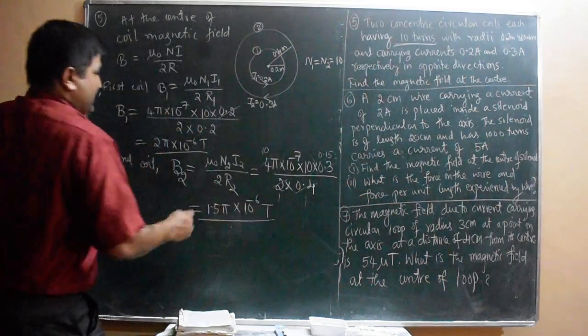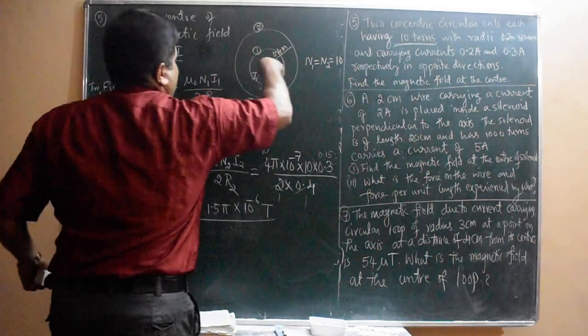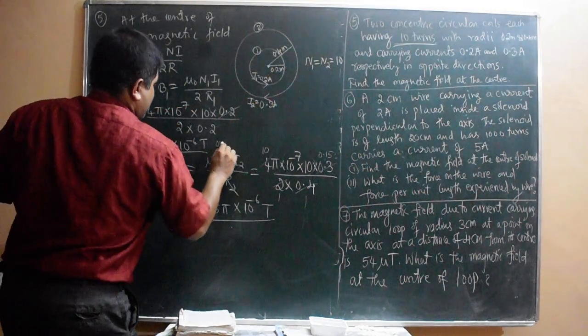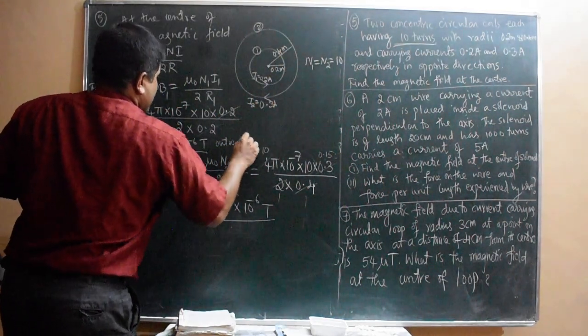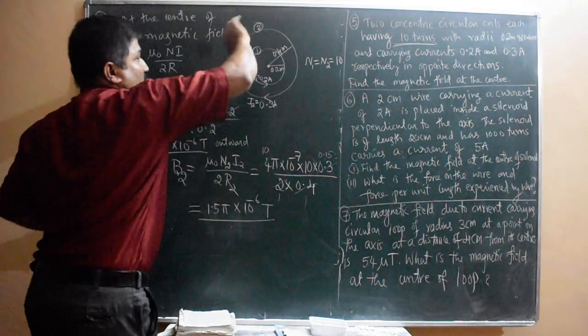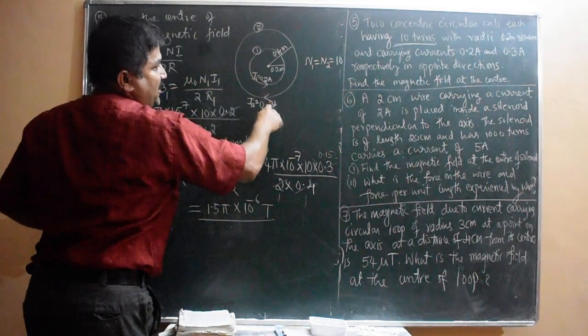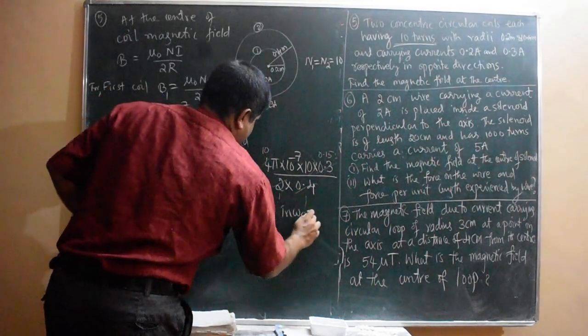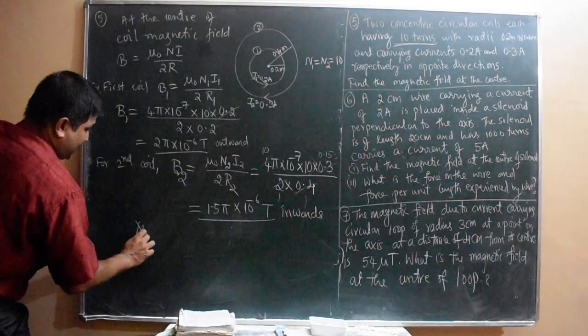And see the direction of the field for this current. If the current is this way, the magnetic field is outward. So the direction of the field is outward. Whereas in this one, the current I assumed in the figure is clockwise, so the field is inwards. So then the net field at the center.